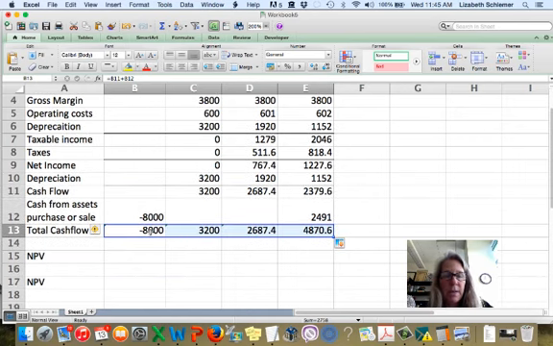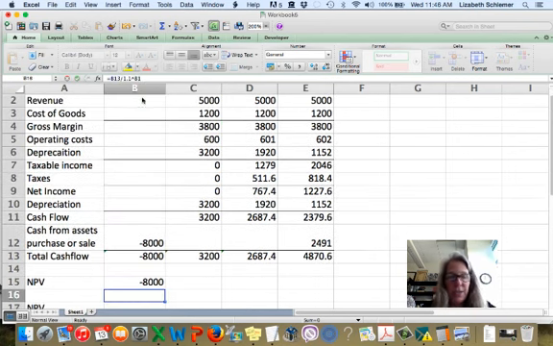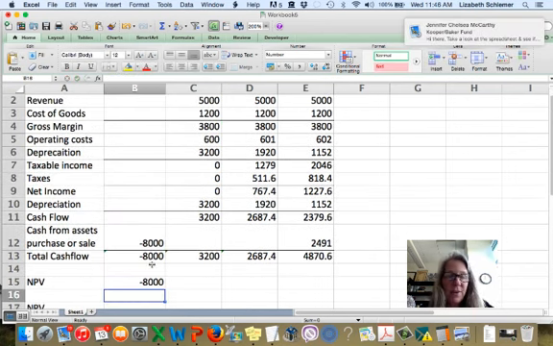We have an initial investment and we have the 3 years of cash flows. So I'm going to show you how I do the net present value calculation a couple of different ways. In this case, I'm going to take this value and divide it by 1 plus the interest rate to the power associated here. And that's 1. So it's just going to show as a 1 power.